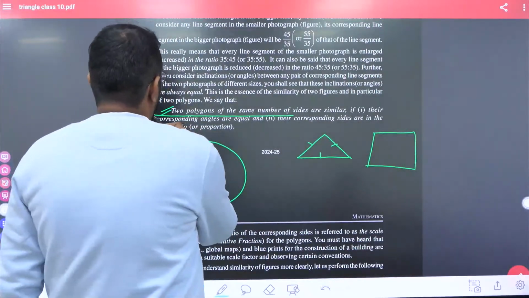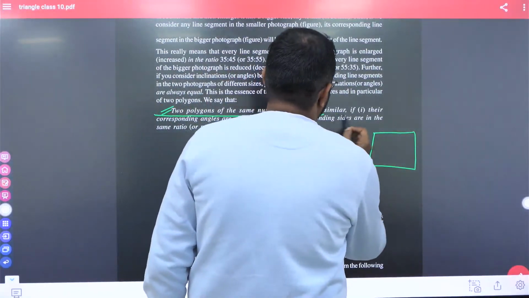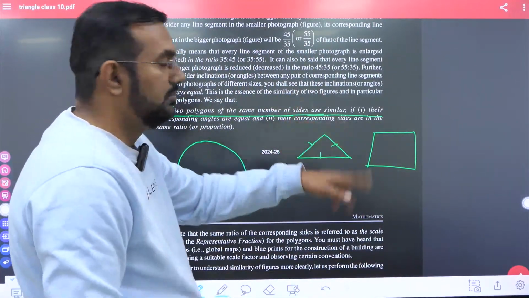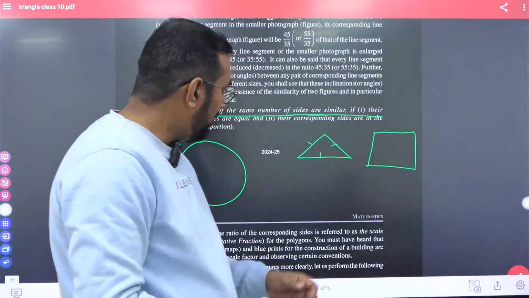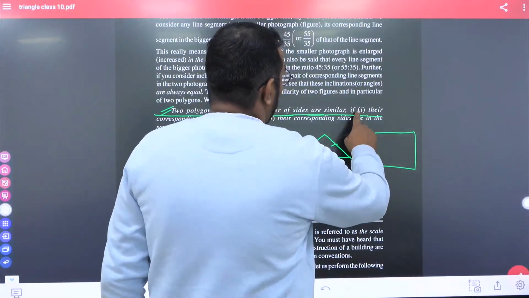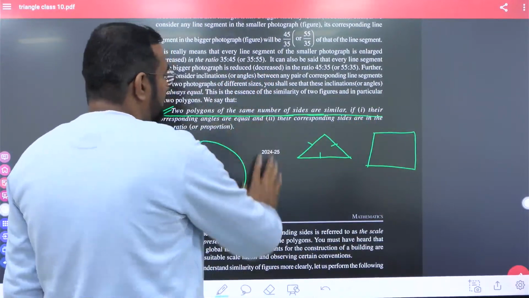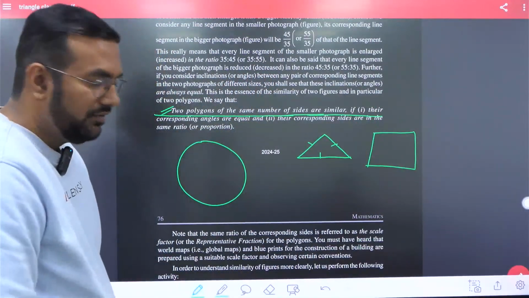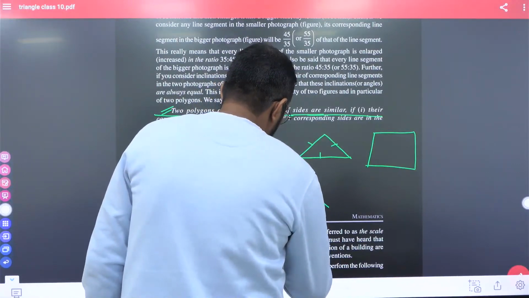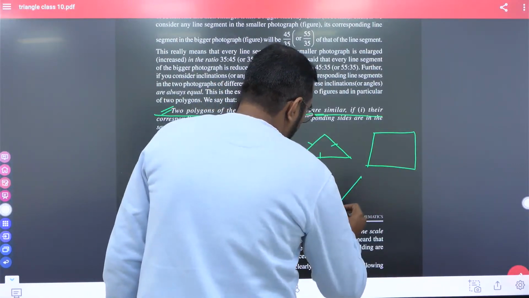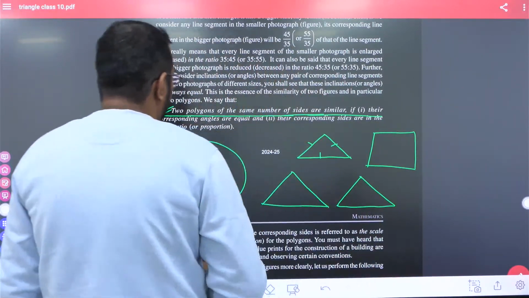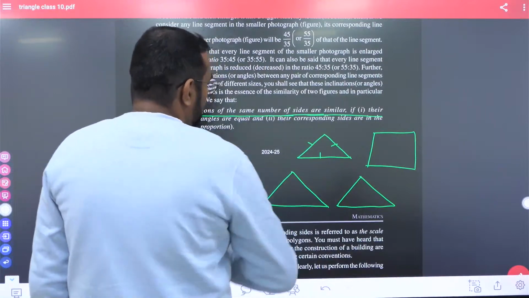Here we have a definition that tells us when two polygons are similar. There are two conditions that polygons must follow to be similar. The first one is that their corresponding angles are equal. Suppose we have two triangles. Their corresponding angles must be equal.